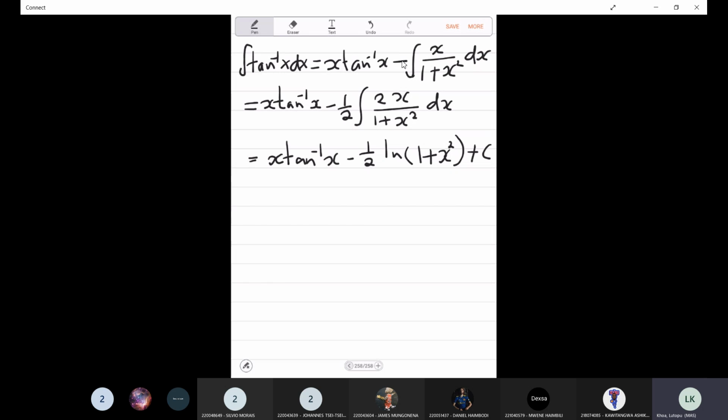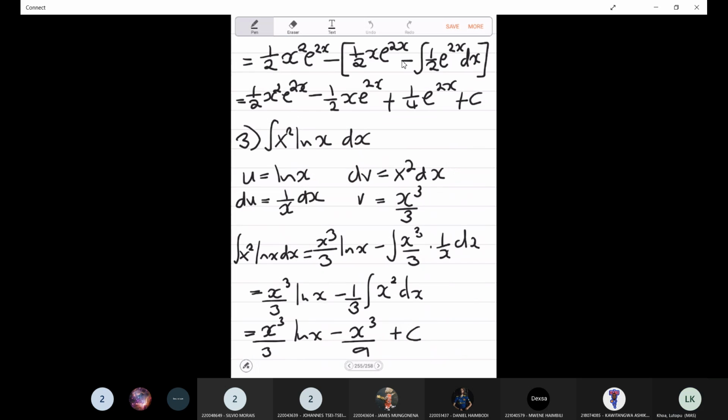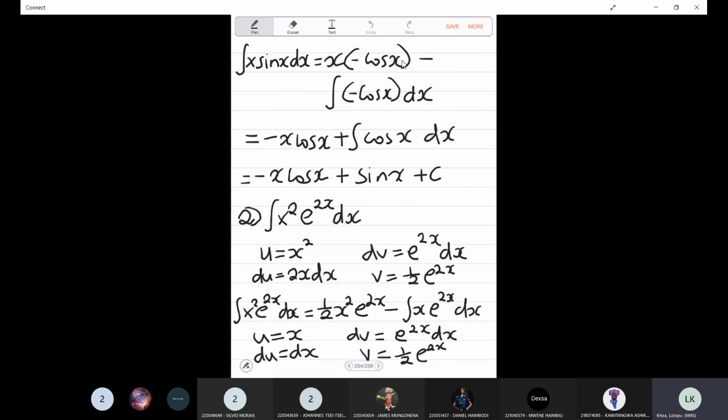So we look at this one here. Which question was that? Number 2, I had to use integration by parts twice. Even the one with e to the power of x sine x, but that one, just 2 steps, you'll be done. But here, imagine if this was to the power of 6.